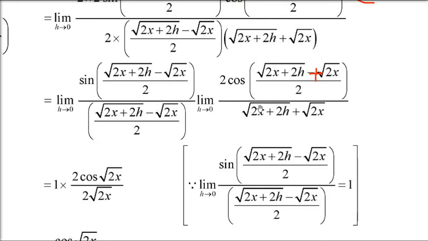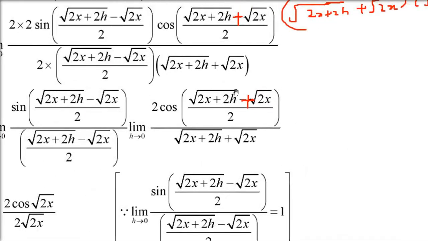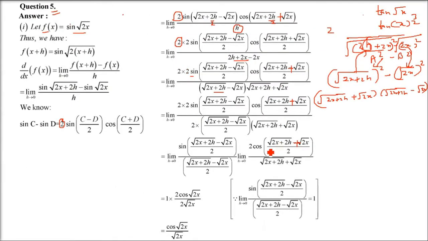Now coming here, put h wherever it is. So we can apply the limit. I am applying the limit. The 2 is already there, 2 cos. Now inside this we have h tends to 0, so root 2x plus root 2x.